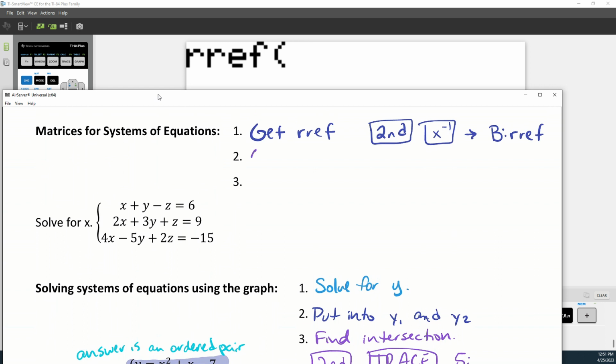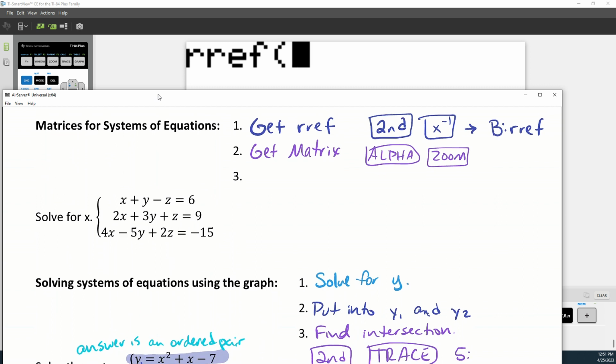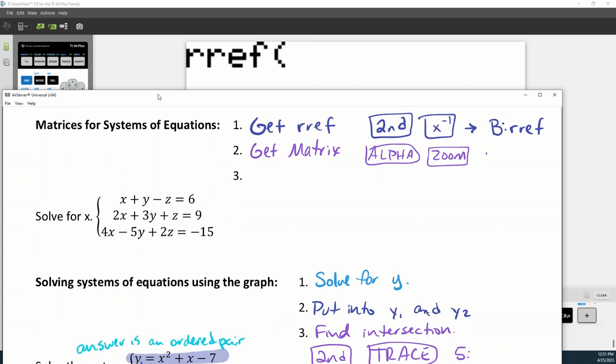Right, and then the next thing you want to do is get the matrix. And then that is going to be alpha zoom. All right. And then to do one like we're about to do, you want 3 rows and 4 columns.